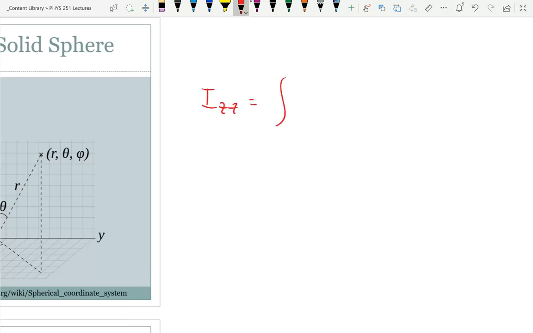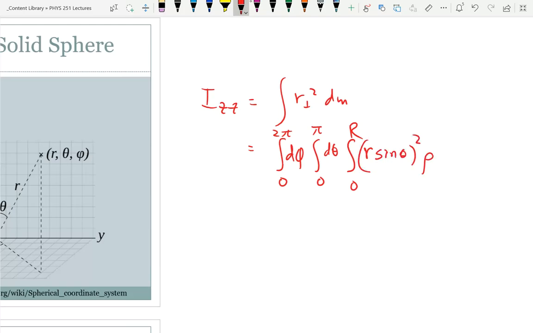I_zz is equal to the integral of r perpendicular squared dm, which is the integral from 0 to 2 pi d phi, integral 0 to pi d theta, integral 0 to capital R, and then we have our r perpendicular squared, which is r sine theta squared, times rho, and then r squared dr. I didn't color code this because we are out of time, but it's still separable.